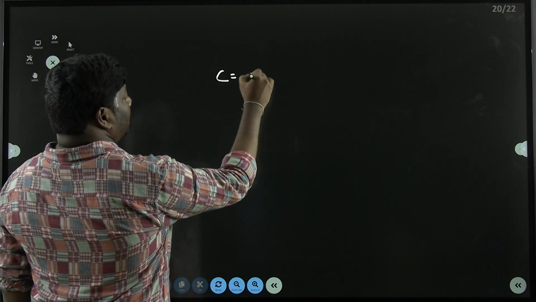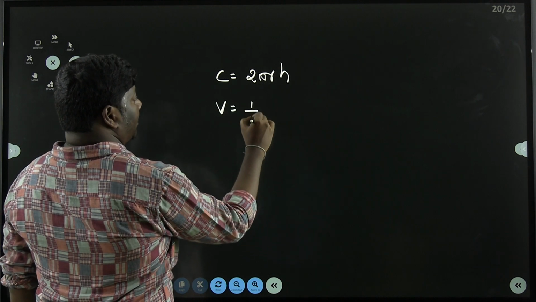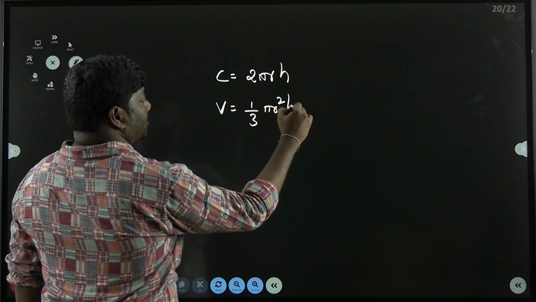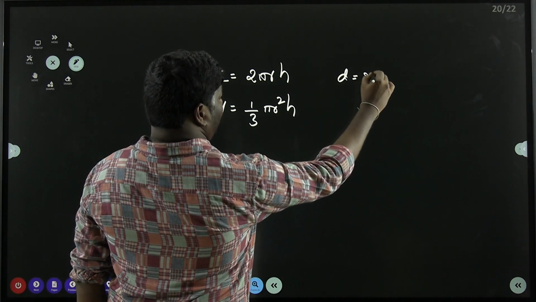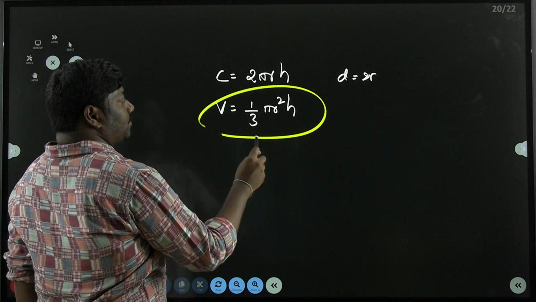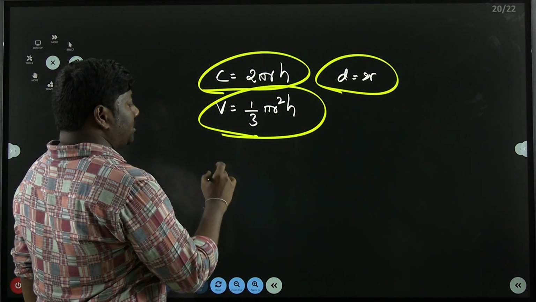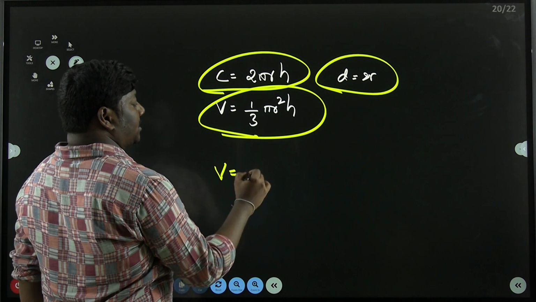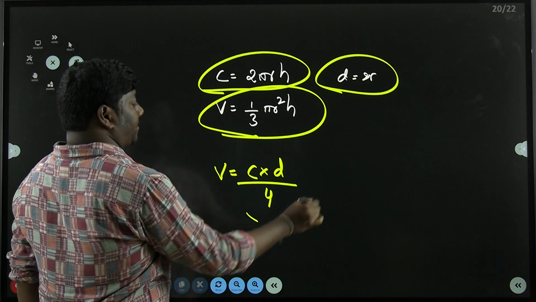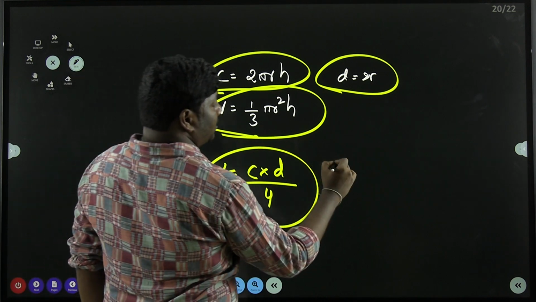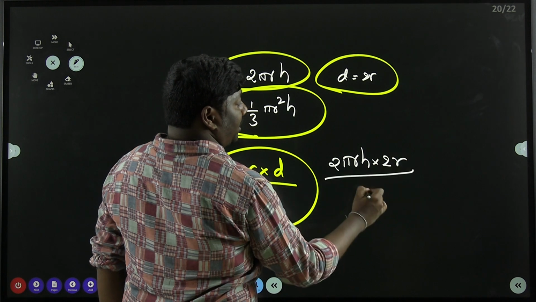Curved surface area, we know, is 2 pi rh. Volume is pi r square h. And he gave you the diameter instead of radius. We know diameter is equal to 2r. So when curved surface area and diameter are given, the relation between them is curved surface area into diameter divided by 4, because curved surface area is 2 pi rh into diameter 2r by 4.